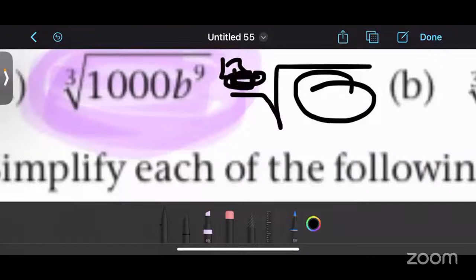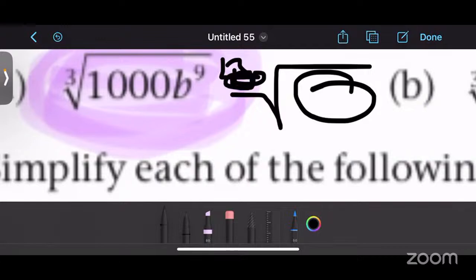From four going up, it's the nth root: fourth root, fifth root, sixth root, seventh root, eighth root, ninth root, 10th root, and so on up to the 17th root.